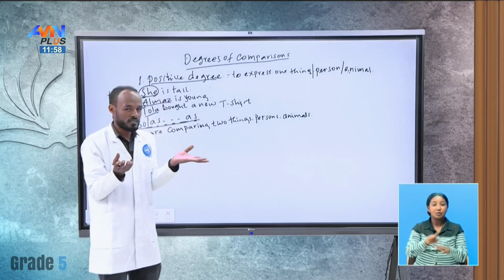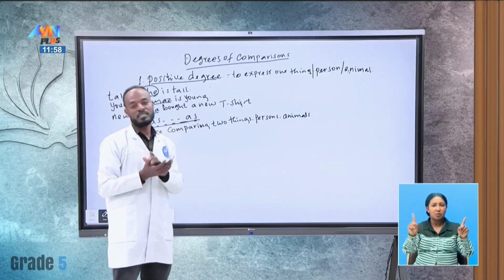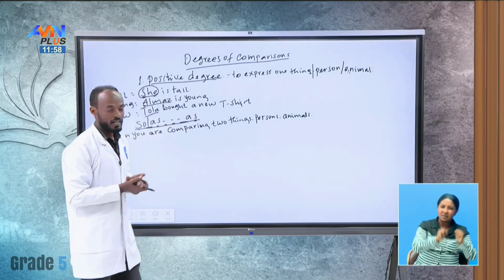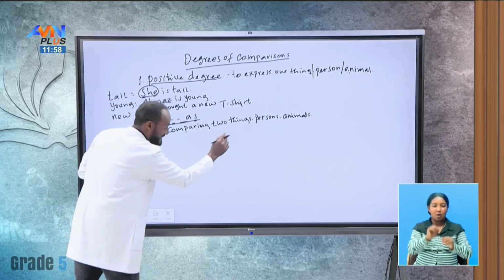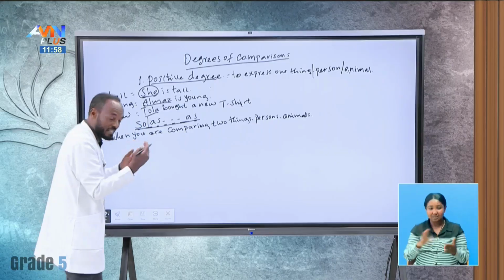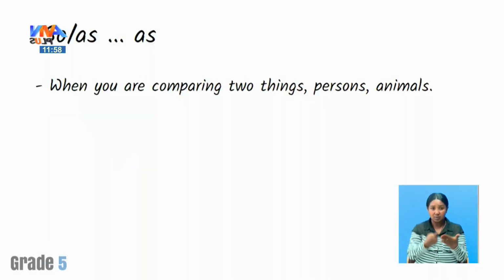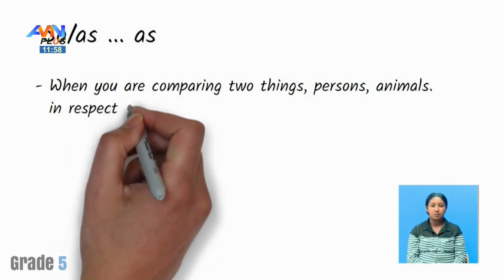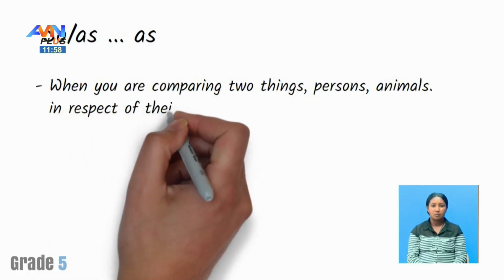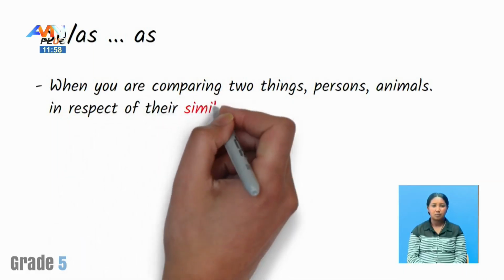So what makes it different from comparative degree? Come on here, students. When you are comparing two things, persons, animals in respect of their similarity.